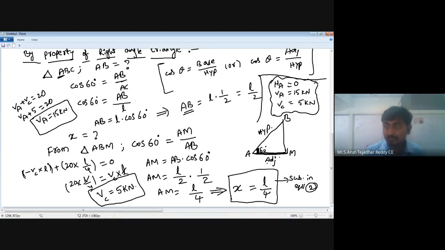After completion of support reactions, next is to calculate joint equilibrium equations. By using joint equilibrium equations, we can find the member forces. That is your homework problem. The remaining part is your homework problem.